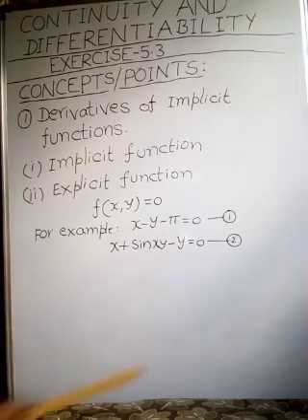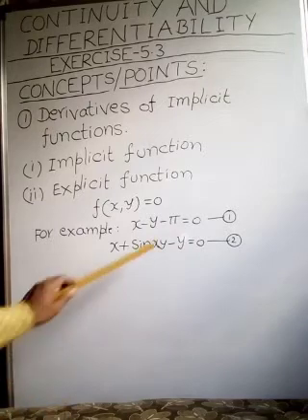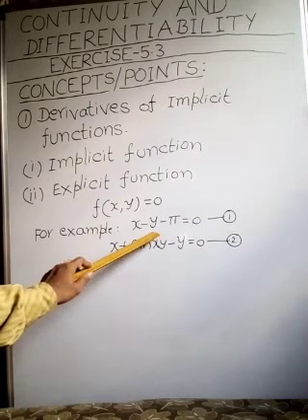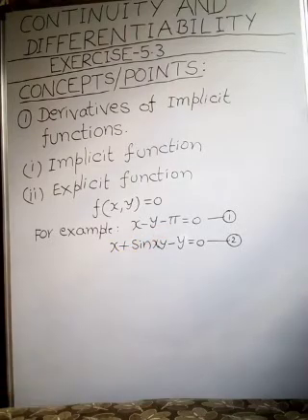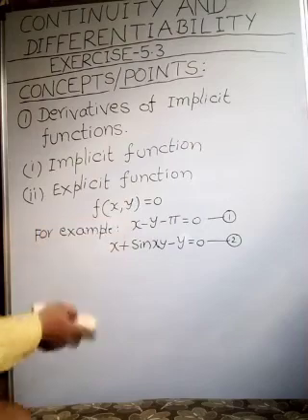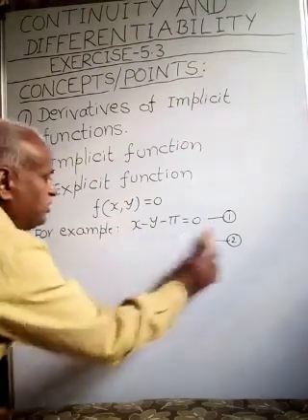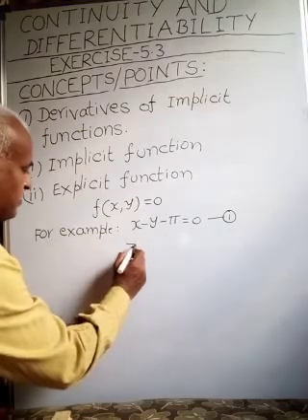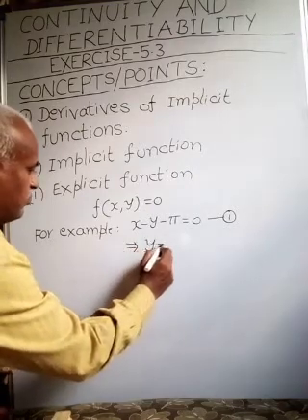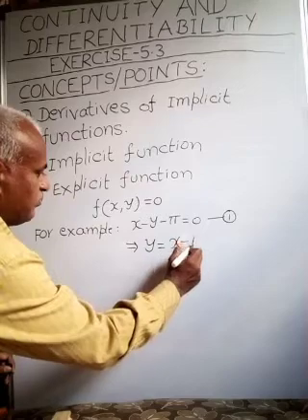This is another equation. If we observe equation 1, we can solve this equation for y. For example, see this first equation. We can write y is equal to x minus pi.